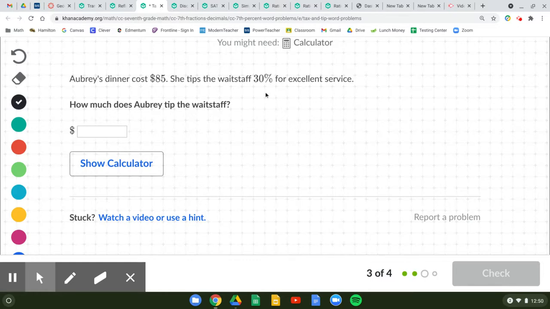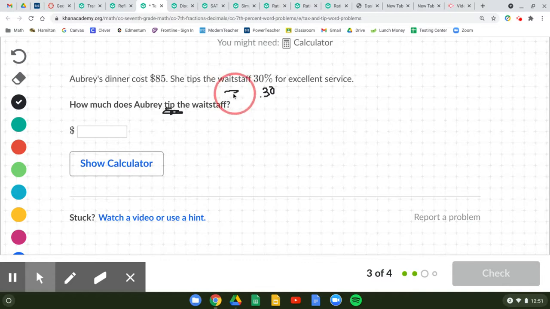Okay, so be careful here. Where the last problem was asking for the total amount, so I could use that 1 point whatever, here I don't want the total. I just want to know the tip amount, how much she's going to leave as a tip. So here, I would definitely want to just use the 0.30 or 0.3.